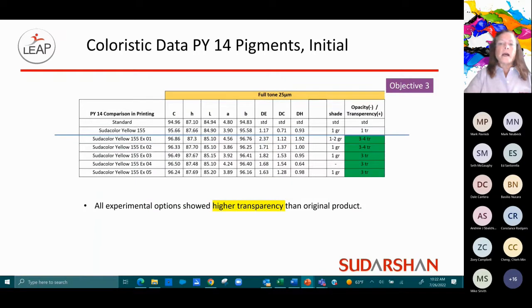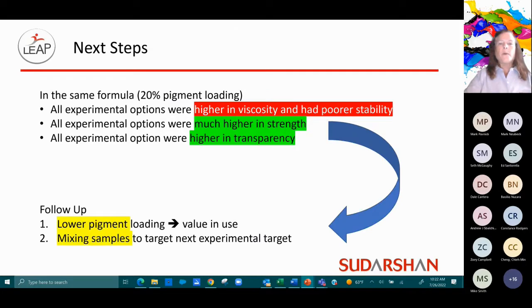As well as opposite objective number 3, all 5 of the samples also had much higher transparency than the original product. So what we found with this simple ladder experiment was in this same formulation, we were able to match 2 of the 3 objectives that we set out to look for.